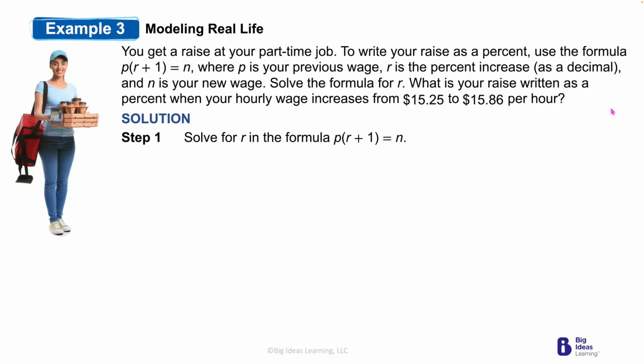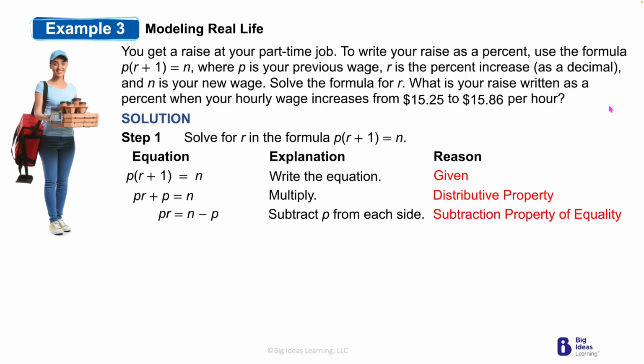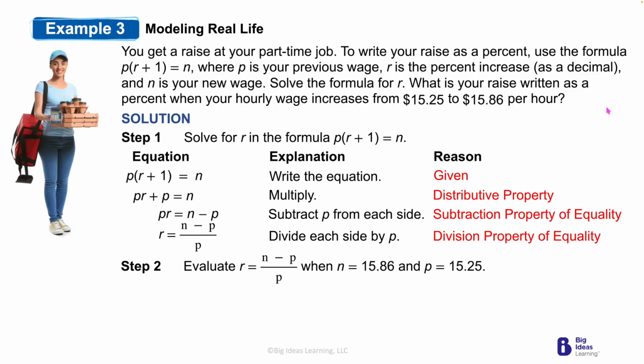Step 1, you want to get the r by itself. So as you're given, we're going to distribute, get pr plus p equals n. We're going to subtract p from each side. Then we're going to divide by p and get r equals (n minus p) over p. So now I want to evaluate.